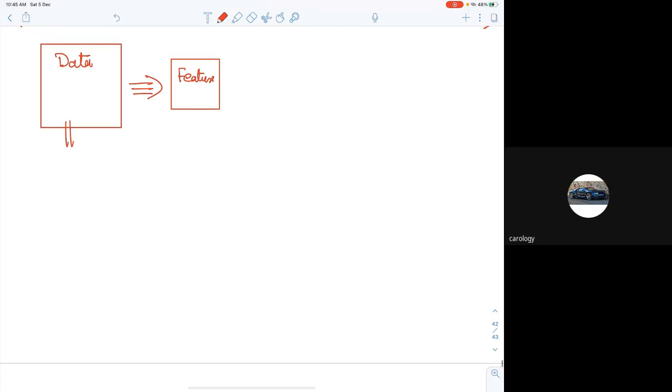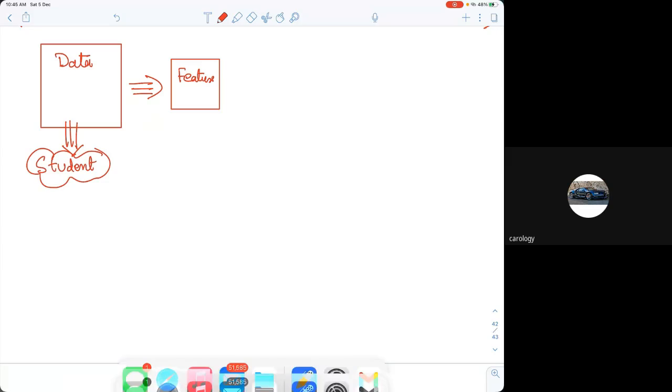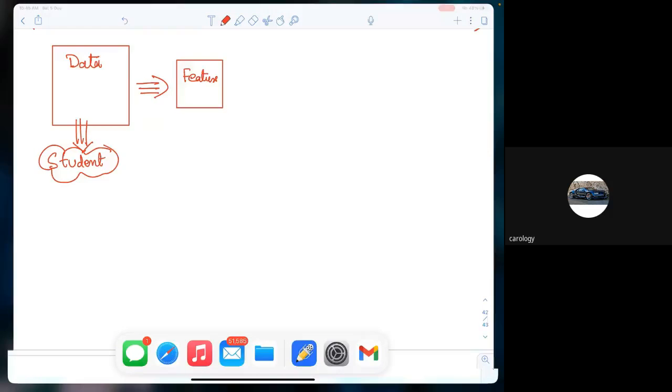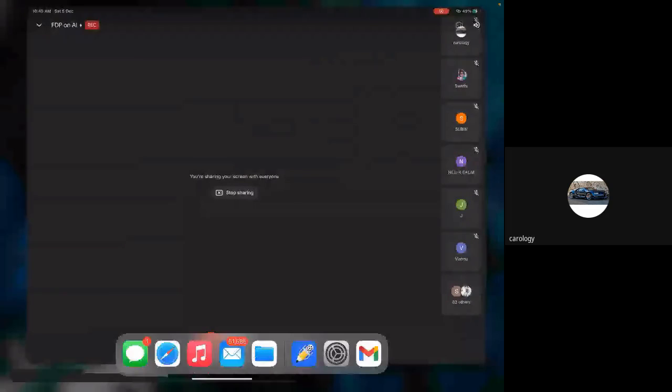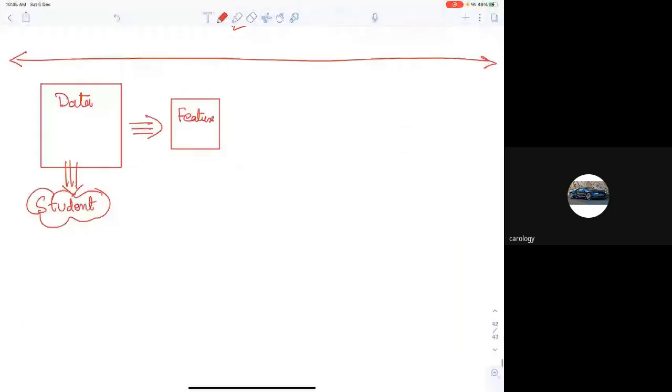Priyanka was there. Now assume that Priyanka is my student, and being a student, I want to convert Priyanka into a feature vector. Right now Priyanka is converted into a feature vector which has only one dimension, that is her name, Priyanka.